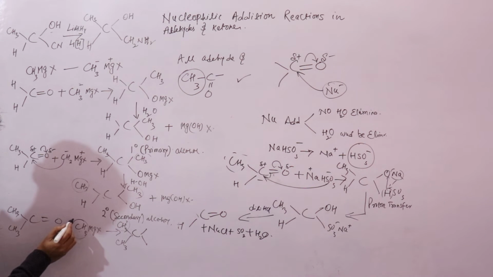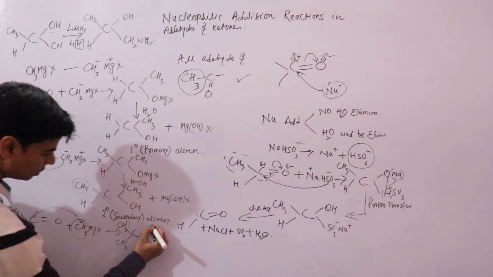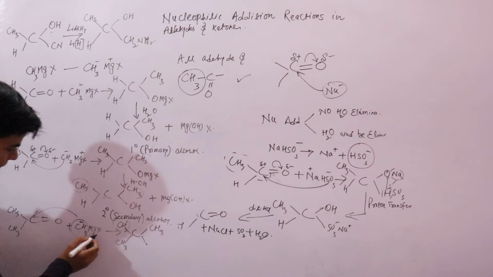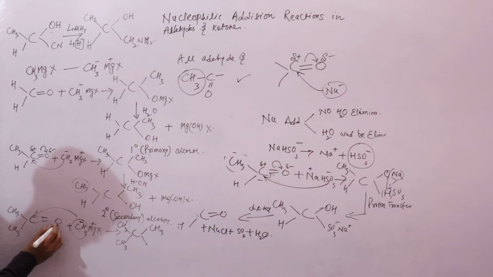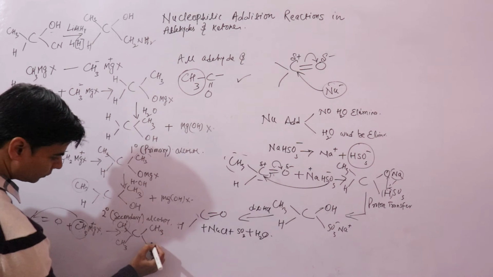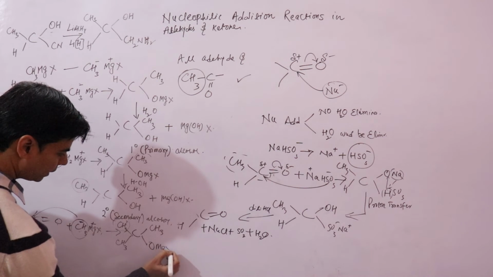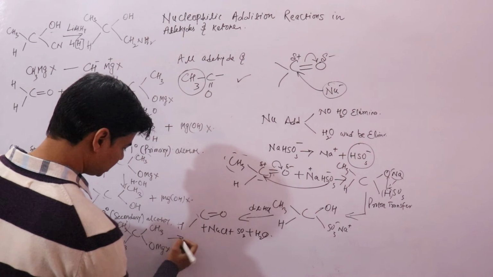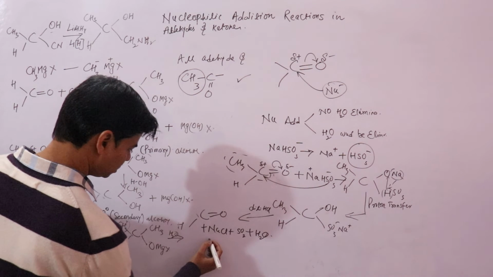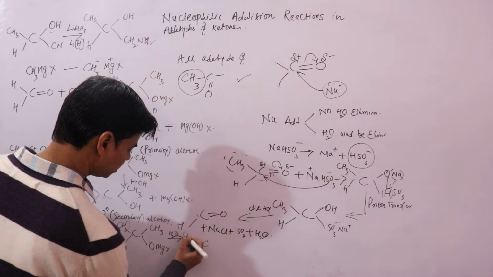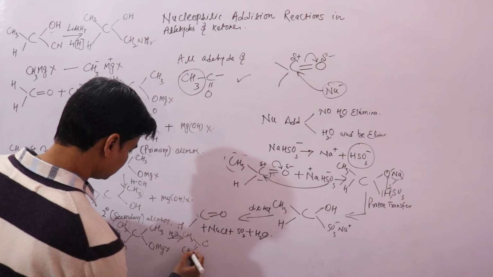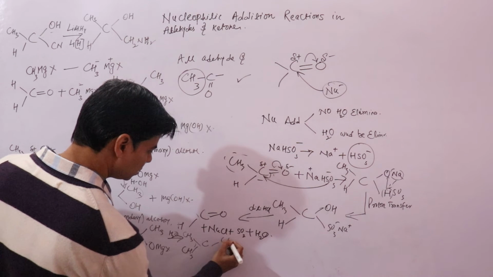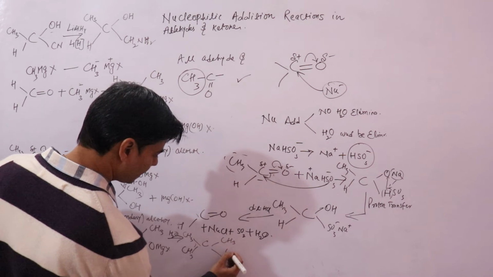One CH3 will come from the nucleophile and attack at this carbon. Now this positive part will go to this negative oxygen, giving OMgX. Now this will undergo hydrolysis to form (CH3)3C-OH.